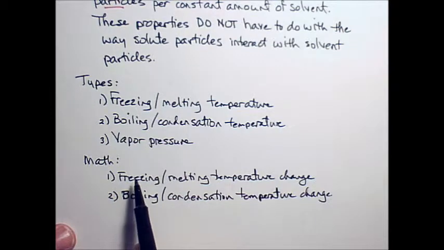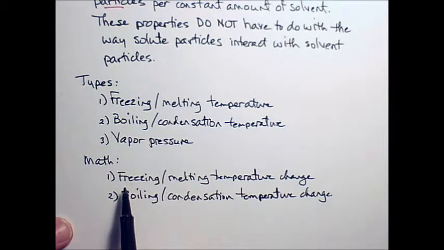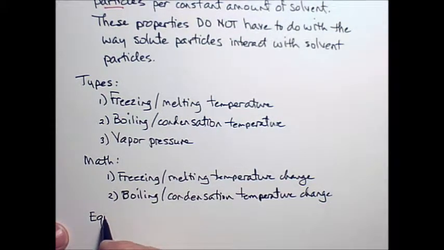Turns out that these two properties are calculated with the same set of equations. We just have to plug in some different values into those equations. So there are two equations you need to know, one for freezing and melting temperature and one for boiling and condensation temperature.